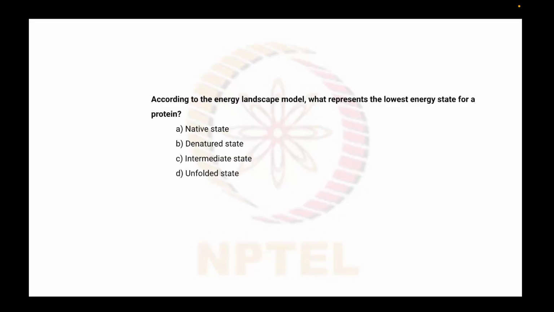So the state with the lowest energy is called the native state, denatured state, intermediate state, or the unfolded state.